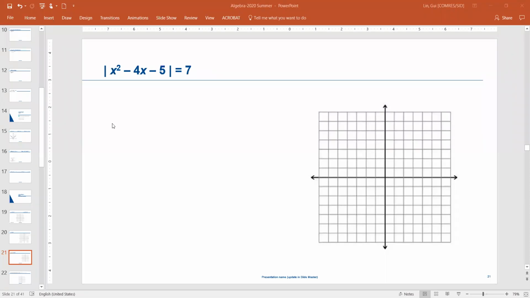All right, let's begin here. I think a lot of people maybe already got answers. Okay, so use the substitution method. I mean, no, I use the get-rid-of-the-absolute-value method. It's an easier way for you guys, right? Okay, let's see here. So actually you get x squared minus 4x minus 5 equals positive 7 or negative 7, right?